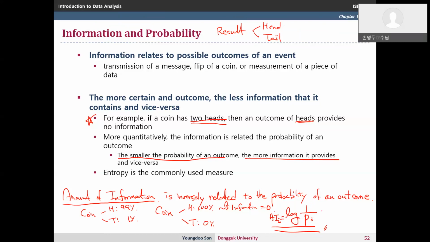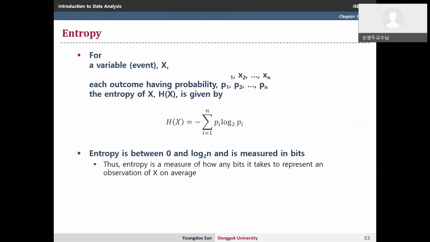Or we can say it is minus log of pi. So I will write down: the amount of information is minus log pi.